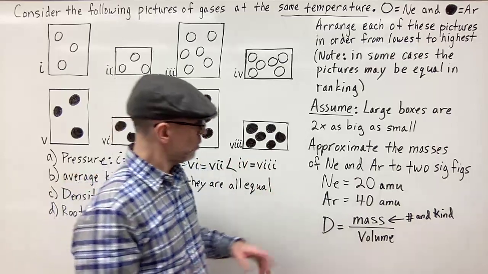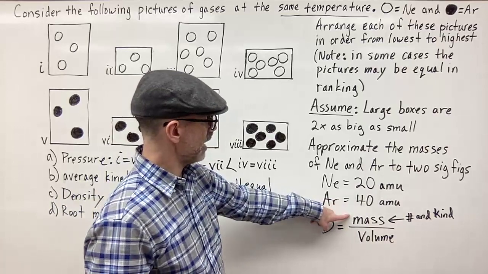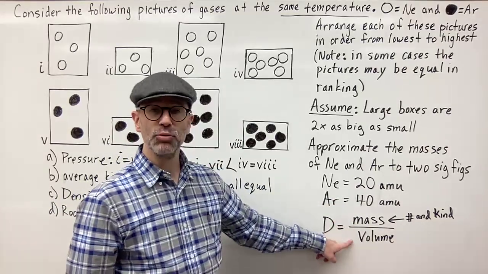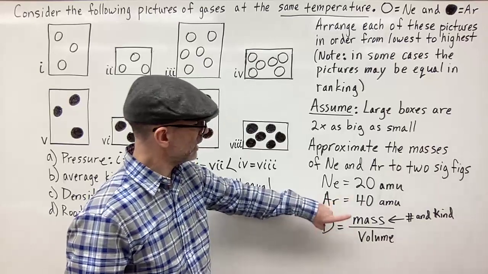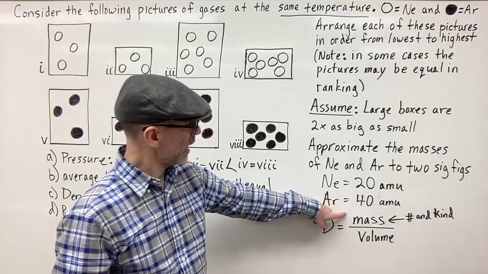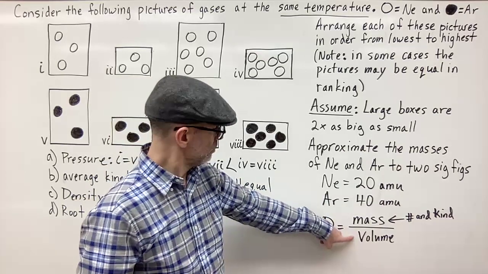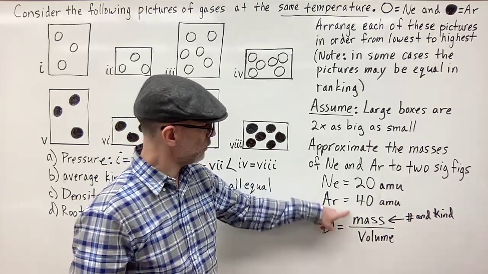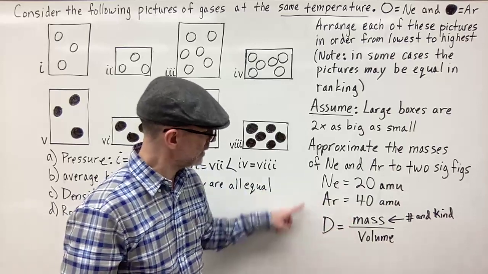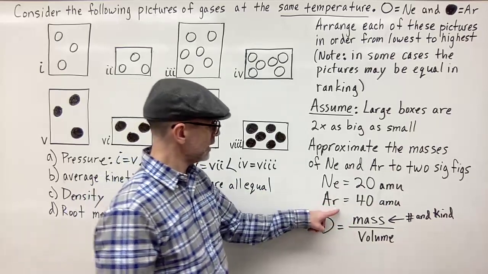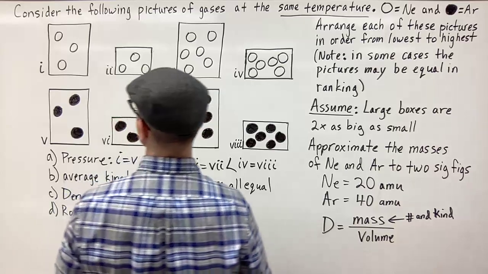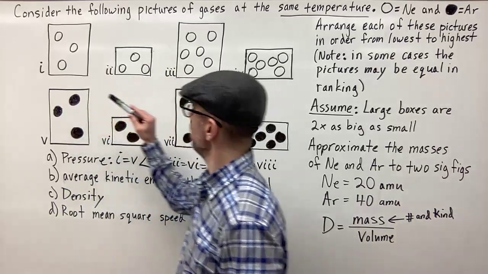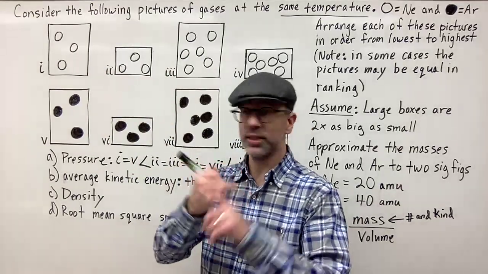Okay, so what is going to be the least dense? It's going to be the least mass and the greatest volume. If we're looking for the least mass, that's going to be the number and type.